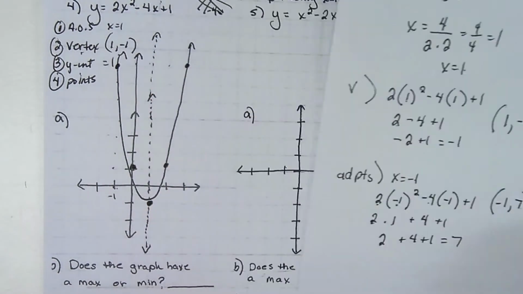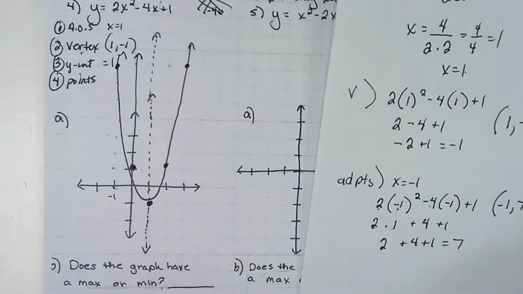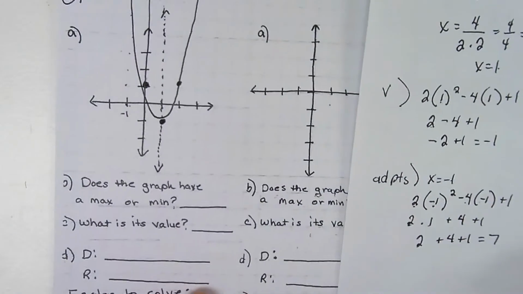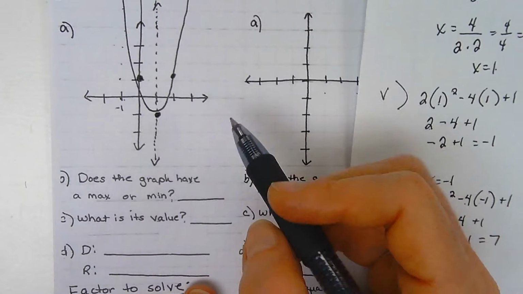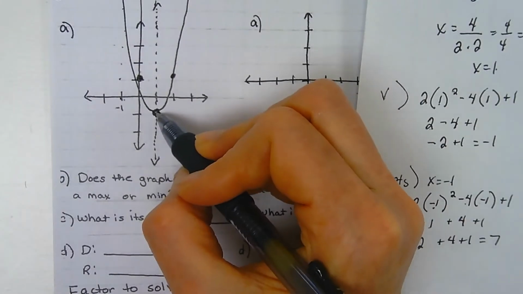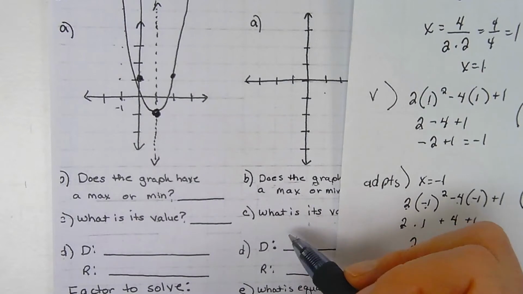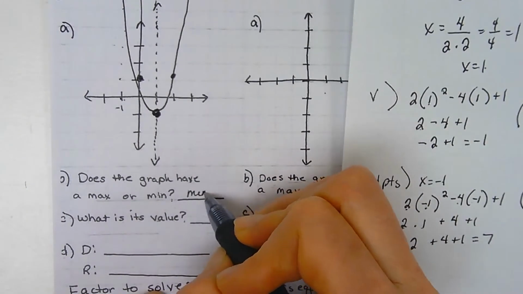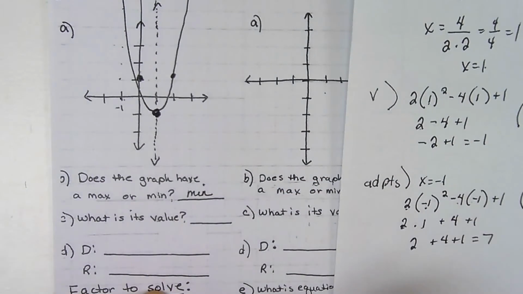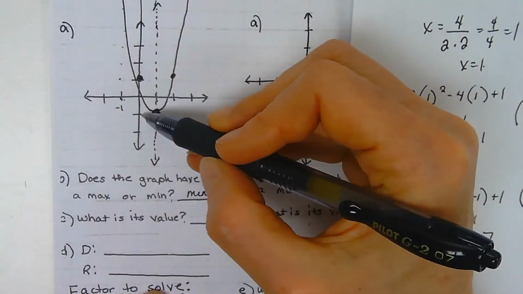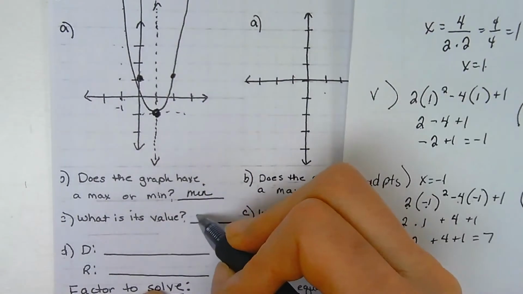There's some questions about this graph. Does the graph have a maximum or a minimum? Well, this vertex right here is what we're going to look at. It's the lowest point of the graph, so this graph has a minimum. And its value is its y value of -1.